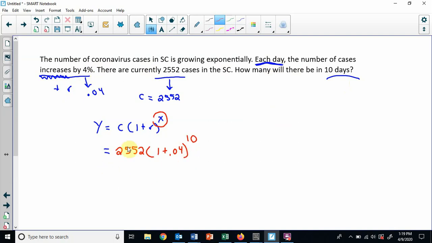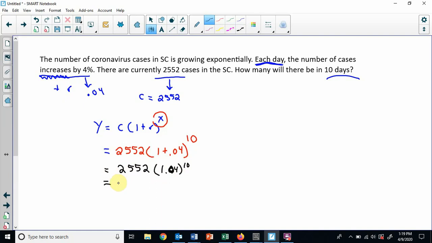Okay. Now when we do this, we're just going to use a calculator. I could do a little bit of math without a calculator, because I'm able to add 1 plus some decimal. That's just going to be 1.04. Whoops, I missed the 0. I can't even do that. There we go. And then we'll just put this in a calculator to get the final answer here. And I've done it for us.